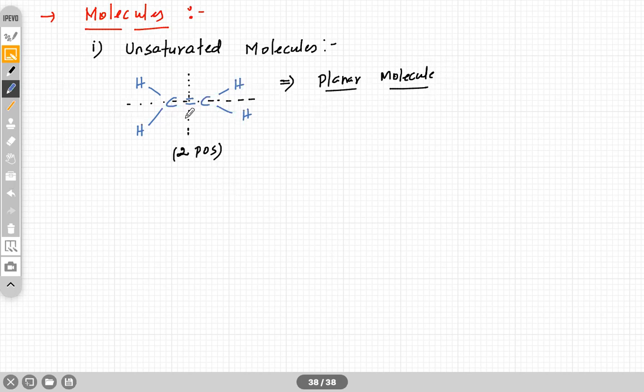Or suppose on the board, if I draw this, the plane of the board is the plane of the paper, the plane of this particular molecule, right? So if you divide the board into two equal halves, it's not like from in between like this. You have suppose the edges of the board like this, and if you cut the board like this, that half part will be here, and that side half part will go away from you.